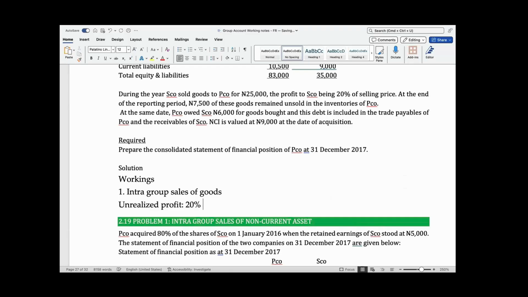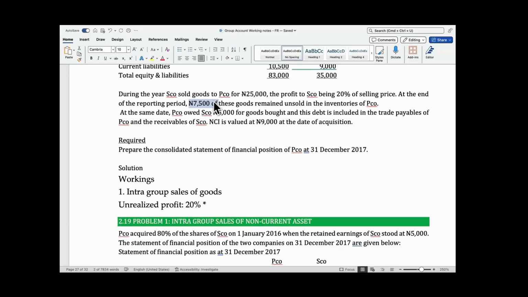And the unrealized profits is 20%. If you do 20% of 25,000, you are wrong, right? Because out of these goods that is sold to one another, only 75 is still remain unsold. It's still within the group. That means Pico has sold those goods to other people outside of the group.